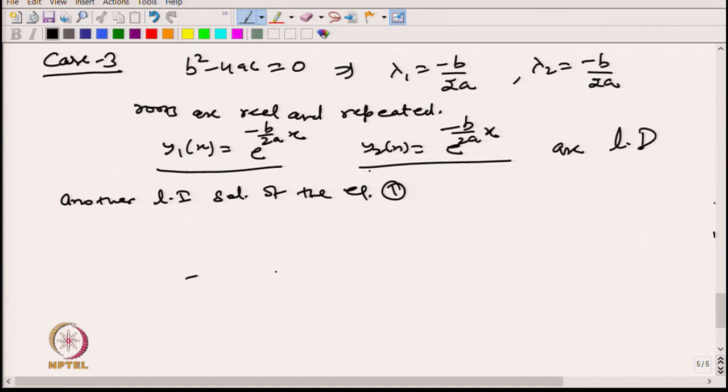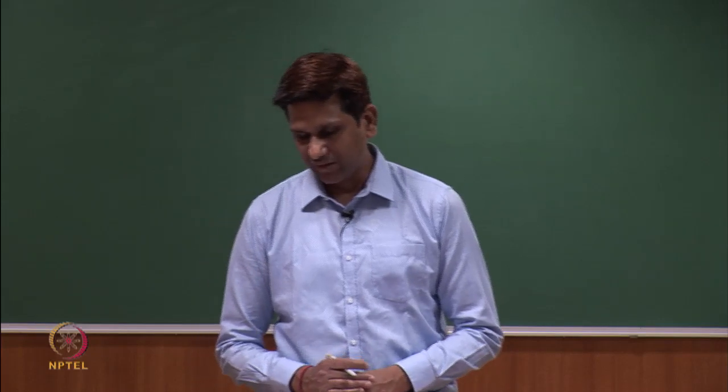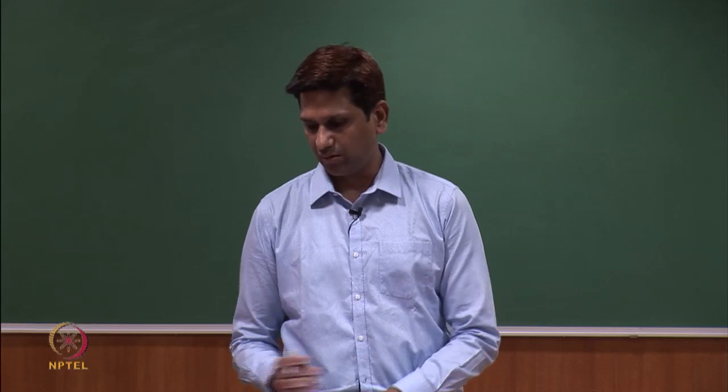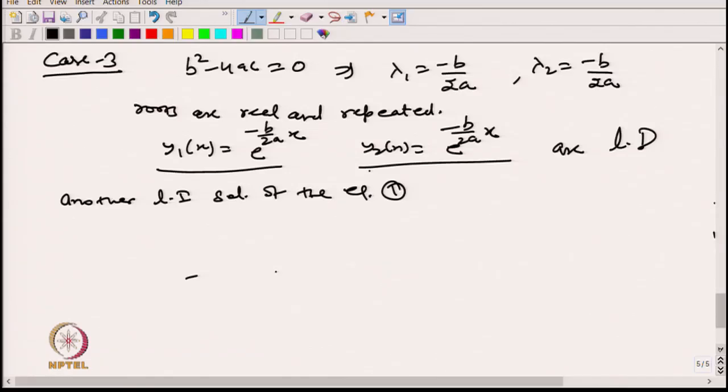In this case I can choose only one solution and the other solution I want to find. This other solution we can find with the help of a very renowned method, that is called the reduction of order method.